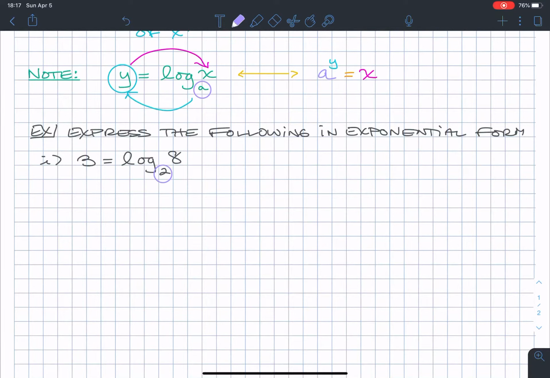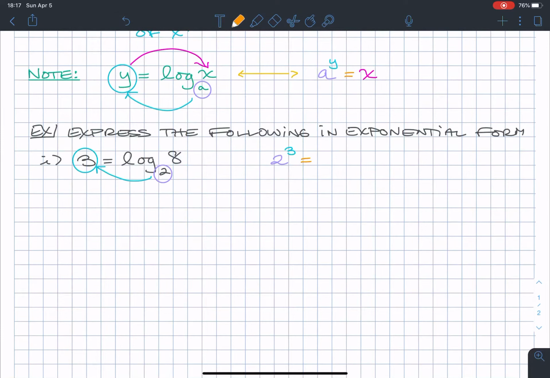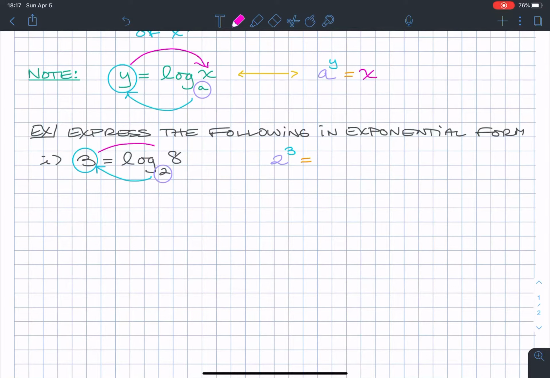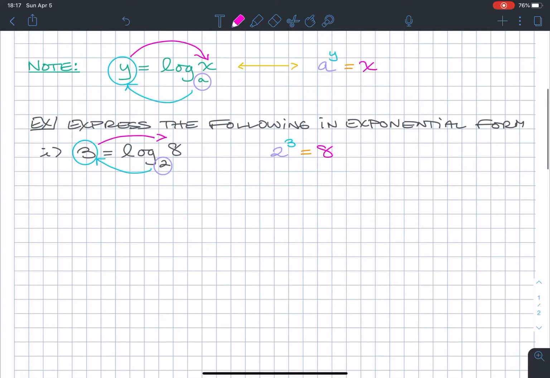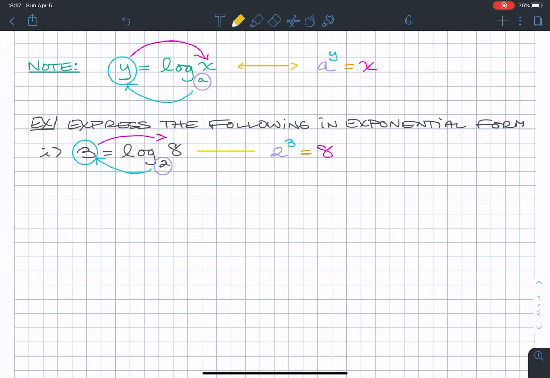So I claim that this is equivalent to 2 raised to the 3 and set equal to 8. And is that true? Is 2 raised to the 3rd equal to 8? It is. So these are equivalent statements.